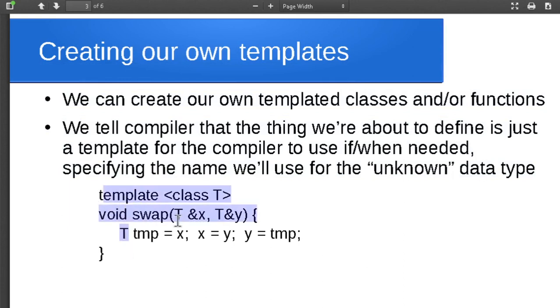This can be a class definition, a function, or a method, but you write it using T, the name you specified here, wherever the data type would have gone.